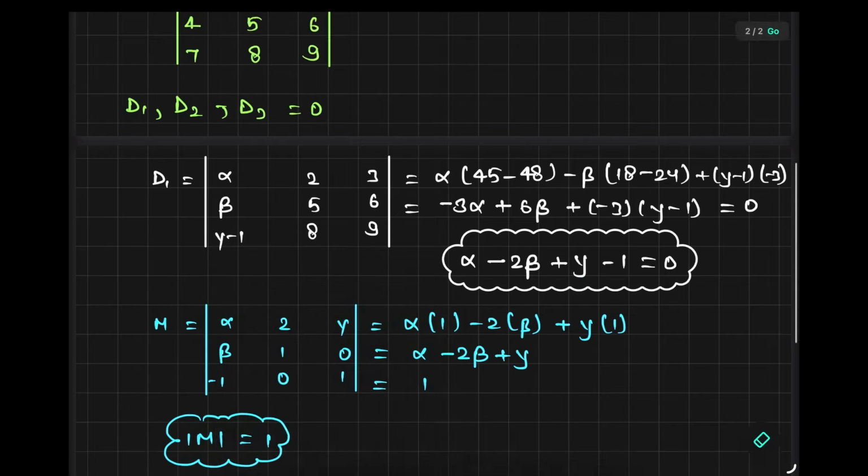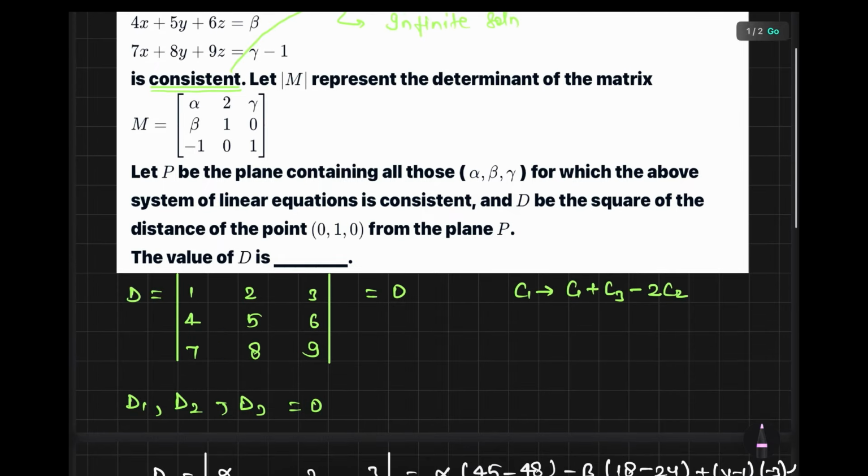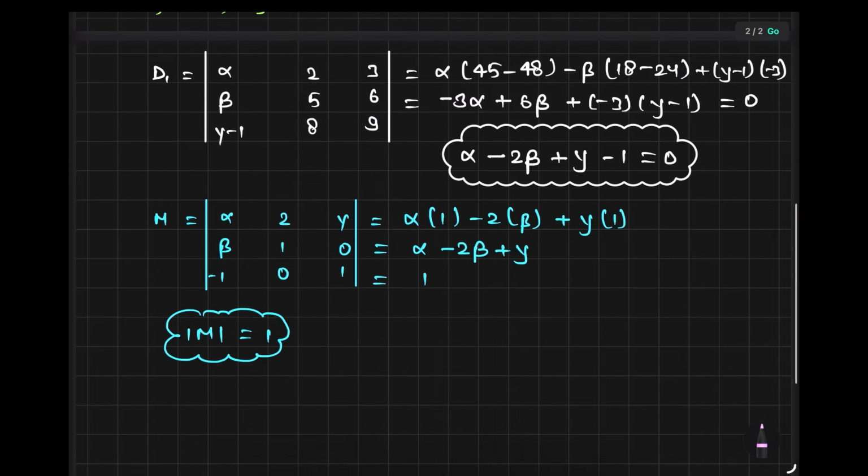Now let's proceed with the next information. Let P be the plane containing all those points alpha, beta, gamma, so every combination of alpha, beta, gamma should be there in that plane. Alpha is replacing x, beta is replacing y, and gamma is replacing z, for which the system of linear equations is consistent. You know that this was the case of consistency.